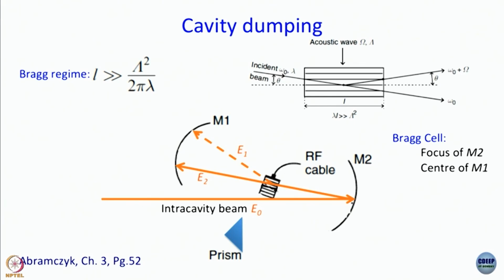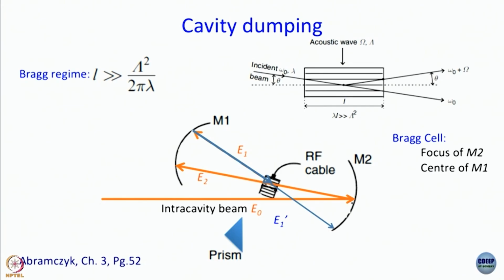Now, let us consider E1 first. After hitting M1, where will E1 go? It will retrace its path, right, because the Bragg cell is at exactly the center of M1. So, it will retrace its path, and again it is going through the Bragg cell.